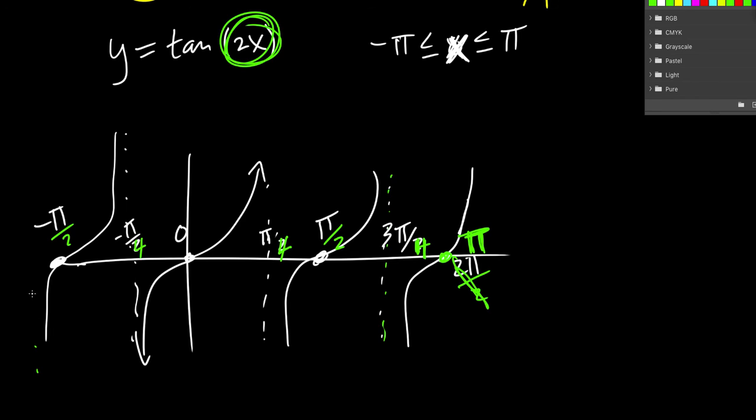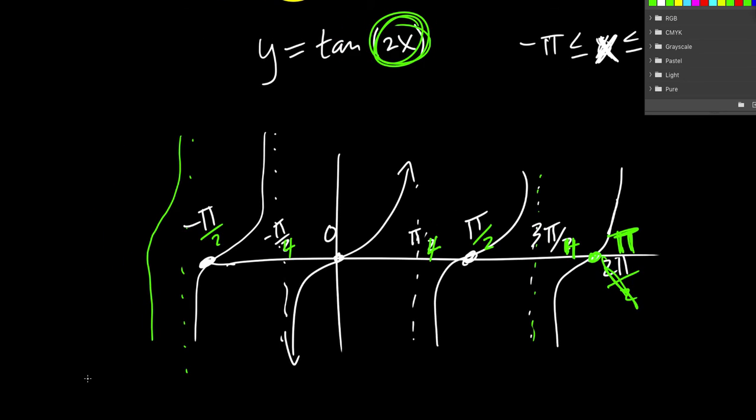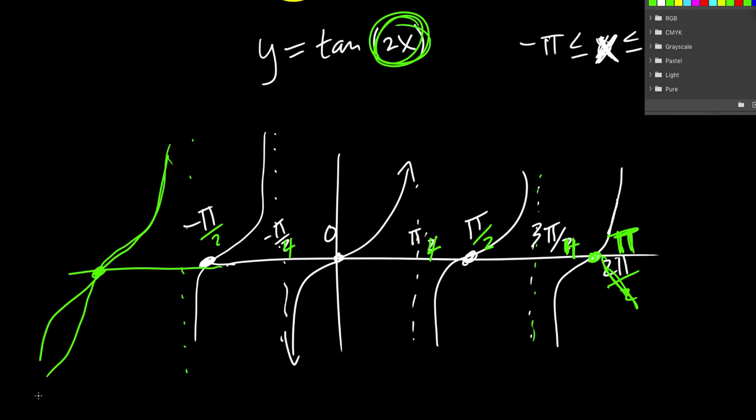We can do the same thing on this side. Oh, I do have some room. So this goes like this, goes like that. Oh man, that's a bad tangent. Let me try it one more time. We're going to go like this and like that. Okay, that's better. And just like when we went one more out in this direction, one more out in the other direction is going to end us with negative pi.